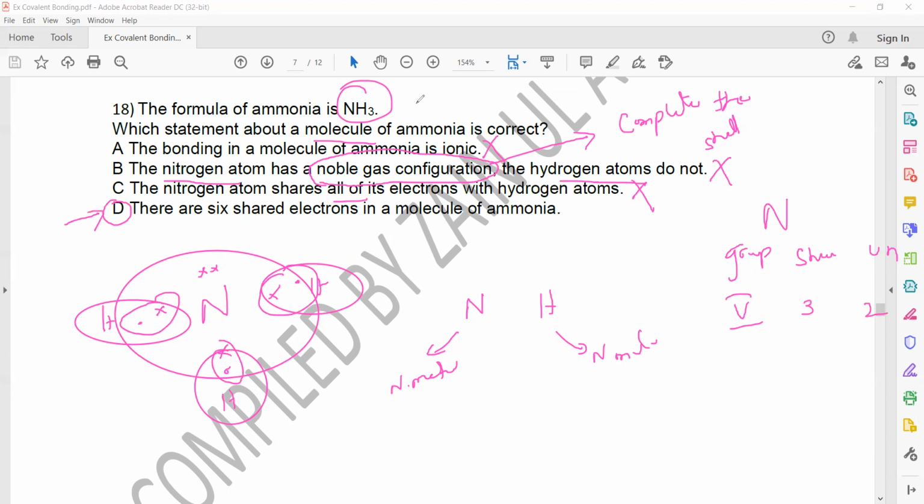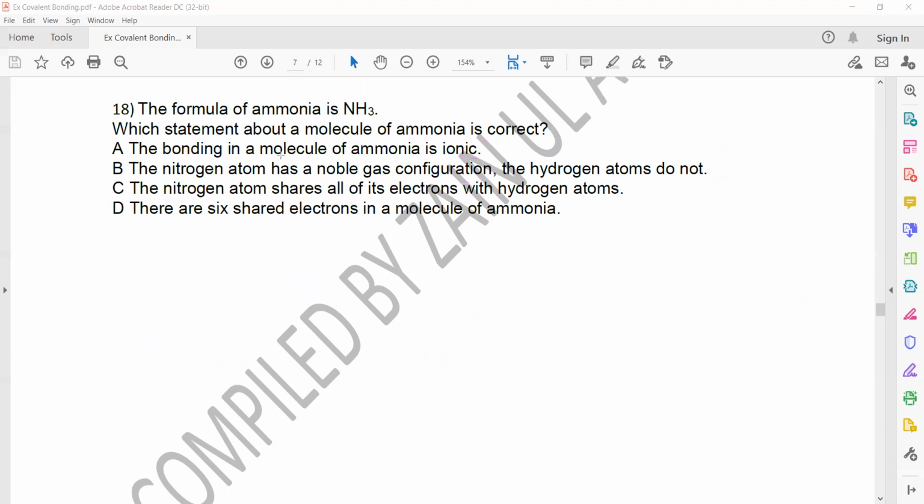What is the meaning of this statement? Nitrogen atom has a noble gas configuration. What is the meaning of this term, noble gas configuration? It means it is stable. And whenever atoms form a bond with each other, they are stable. Because nitrogen is forming a bond with hydrogen, the nitrogen atom as well as the hydrogen atoms are all stable.